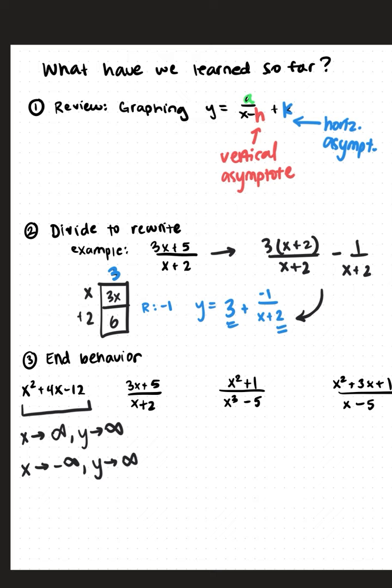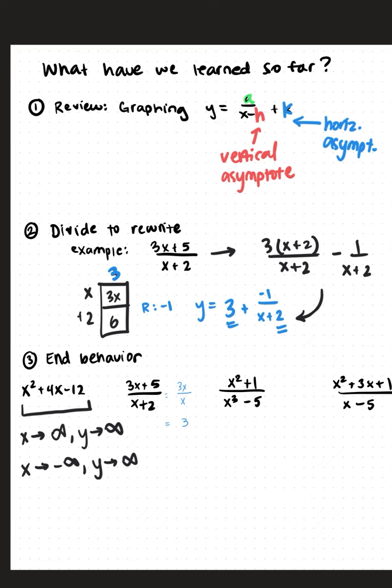For the next one, if you have 3x plus 5 over x plus 2, that was like our last one. Remember that with end behavior, when you plug in super large values, it's only really the first term or the biggest term in the numerator and the denominator that matters. So you end up with 3x over x, which is really just 3.